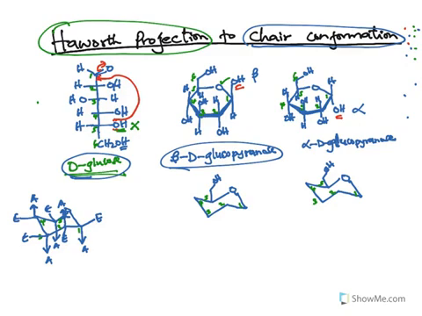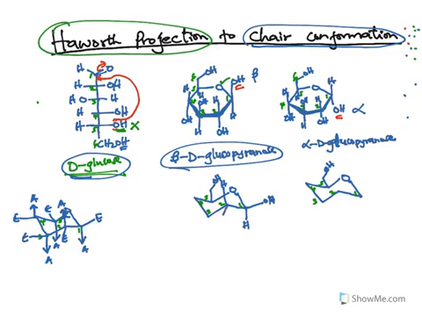So what we are going to do is to look at what we made in the Haworth projection. Starting from position 1, the OH is up. There are only 2 possibilities for position 1. We can either have it that way or that way. So the equatorial position is going to be up, the axial in this case is down.